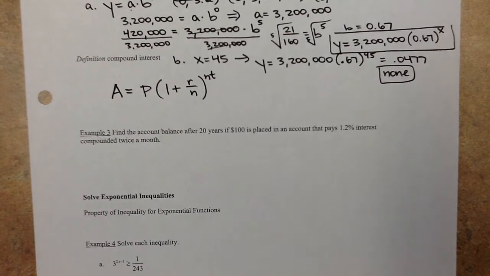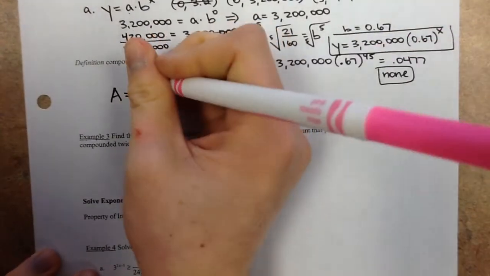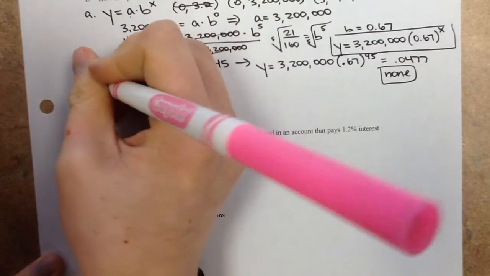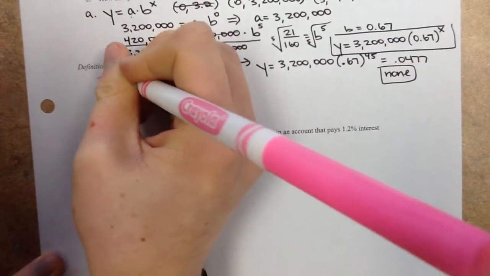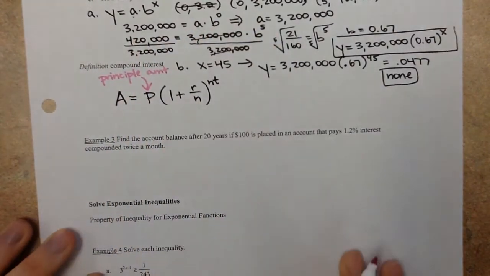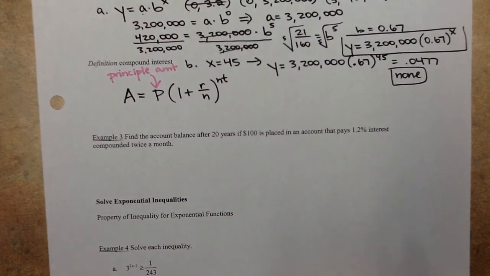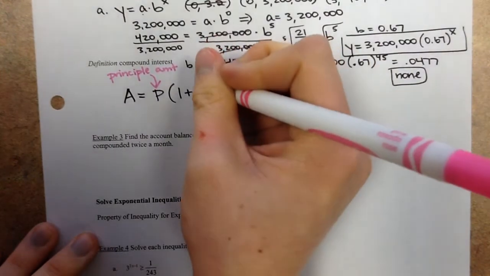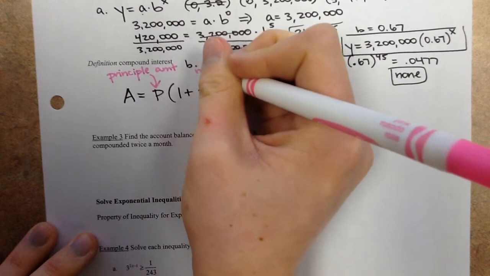P stands for principal amount. That's how much you invested. If you put $1,000 into an account, P would be 1,000. R is the rate. You've probably heard of interest rates before.